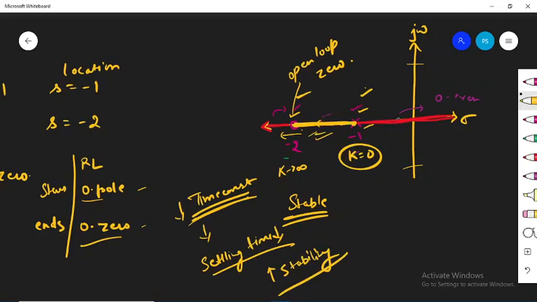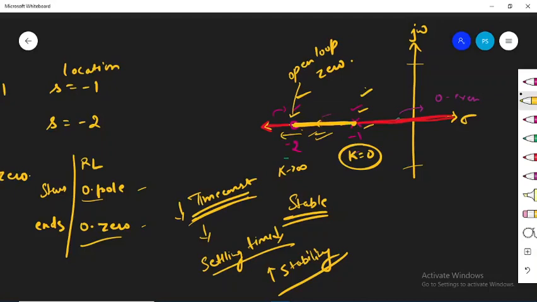Here we will be talking about relative stability. Relative stability is a term used only to compare two or more stable systems. If you have one stable system and another stable system, which one is more stable? There you use the term relative stability.